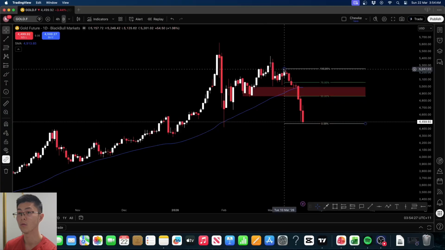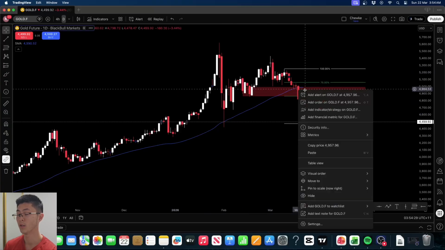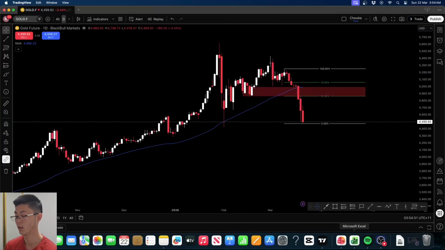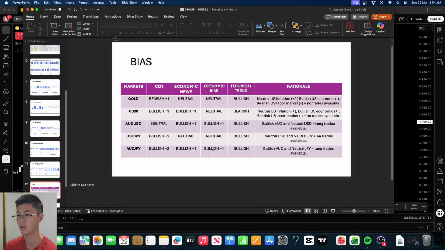We've got gold. It's actually coming bearish, so I need to change this. Gold is actually bearish right now. That's very interesting.